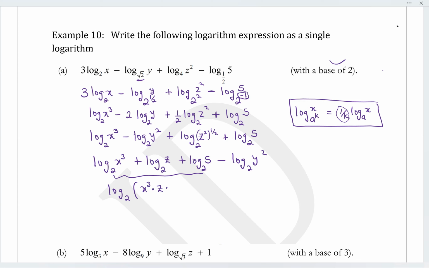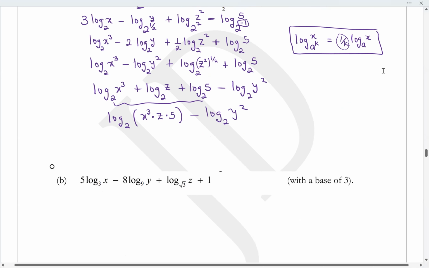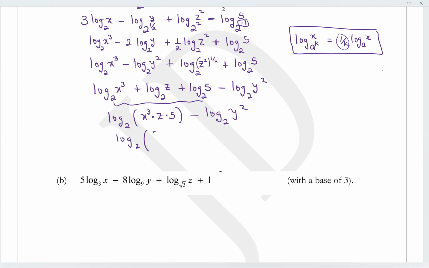Z times what? 5, right? Minus log to base 2 of y squared. And this will just simply be log to base 2 of 5x cubed z divided by y squared. Now you are changing subtraction to division.